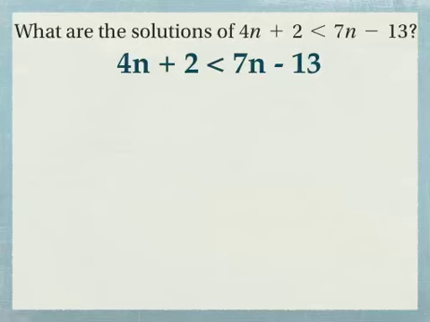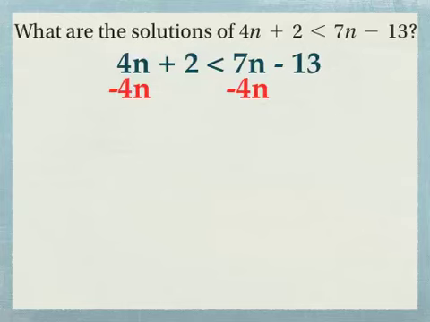I could subtract 4n from both sides, or I could subtract 7n from both sides to get the variables together. I'm going to choose to subtract 4n from both sides so that I do not end up with a negative variable, and I'm not going to have to worry about dividing by a negative in the end.